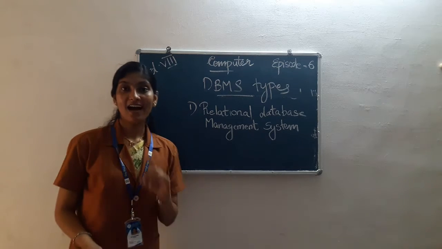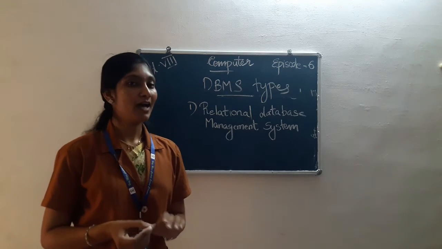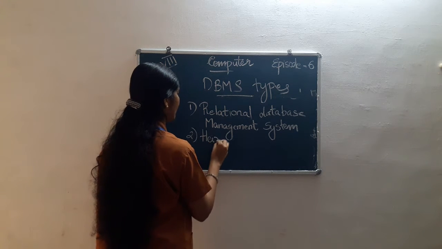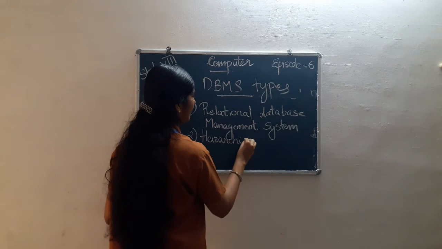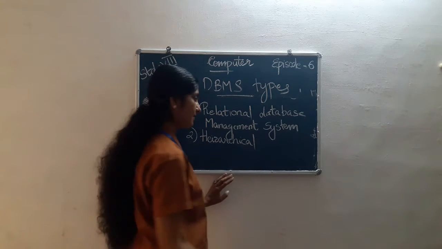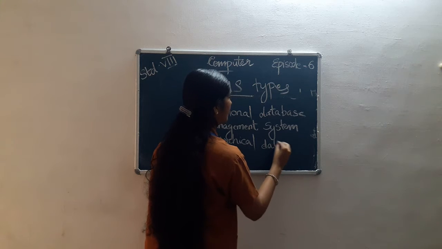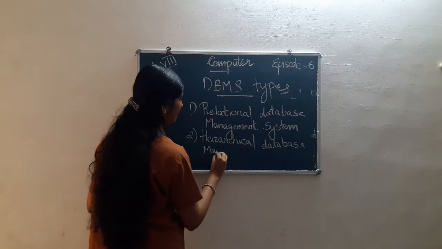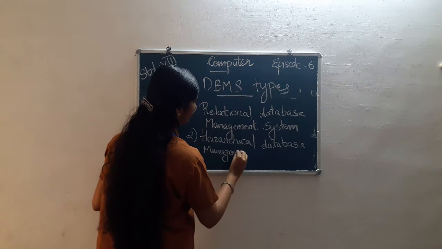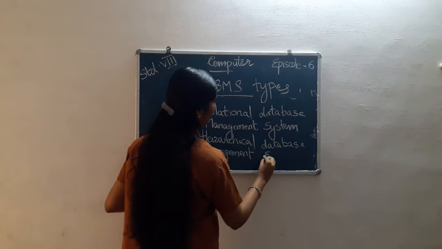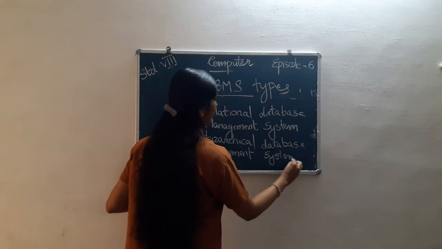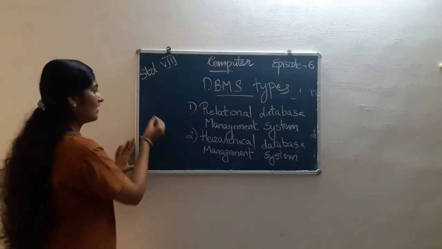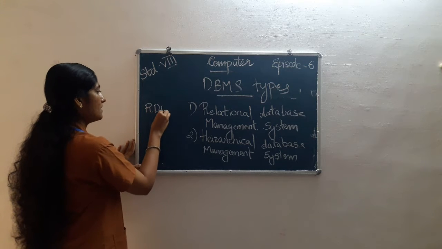And the second one is hierarchical database management system. So first one is relational DBMS or relational database management system, we can say RDBMS.